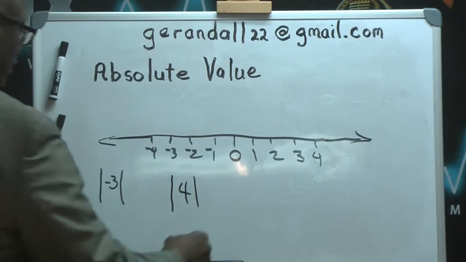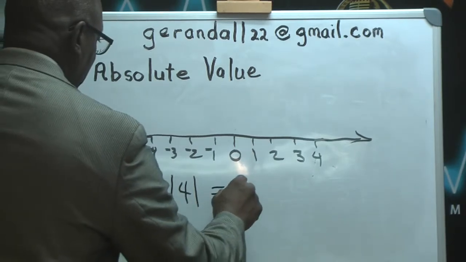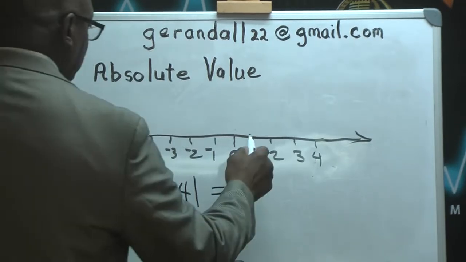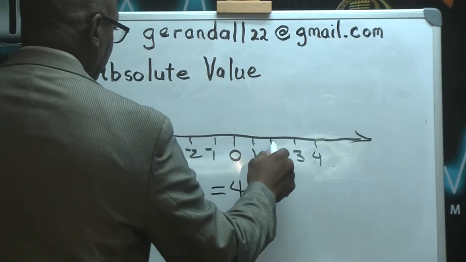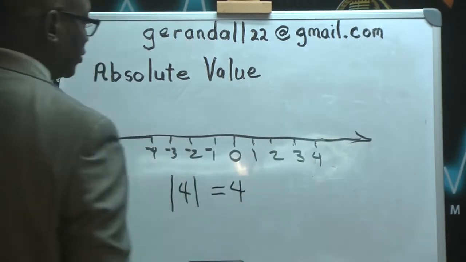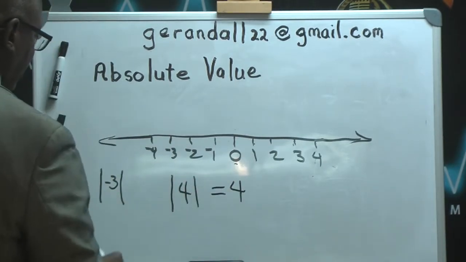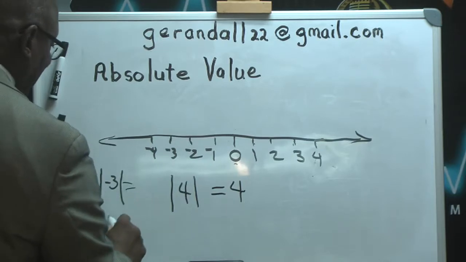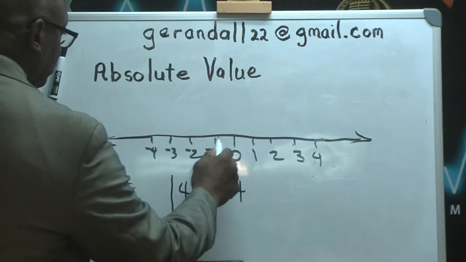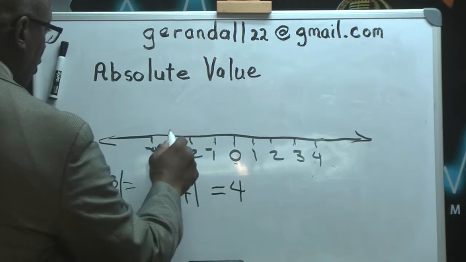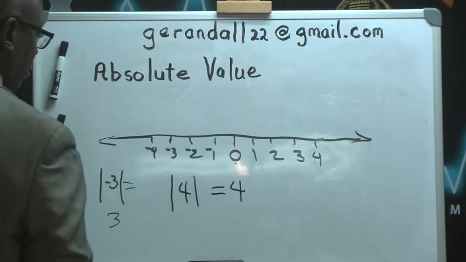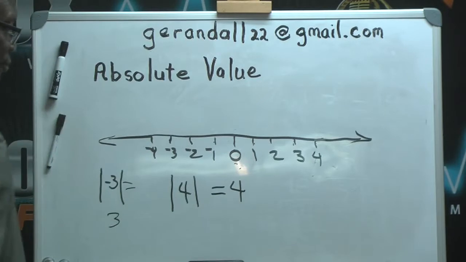And what that equals here is 4. In other words, 1, 2, 3 intervals from 0. In this case, the absolute value of negative 3 is 3, which is 1, 2, 3 units from 0.